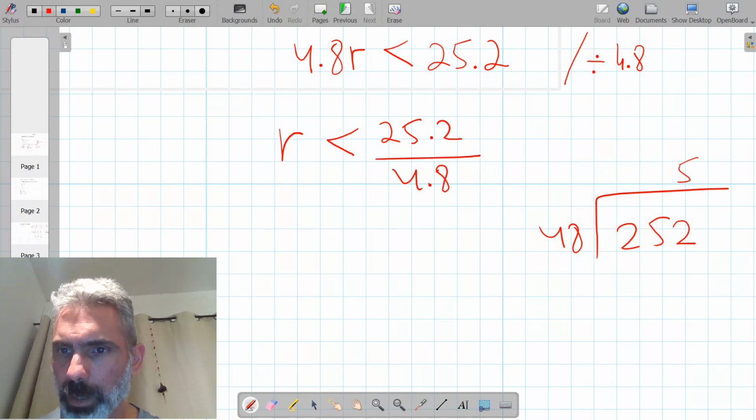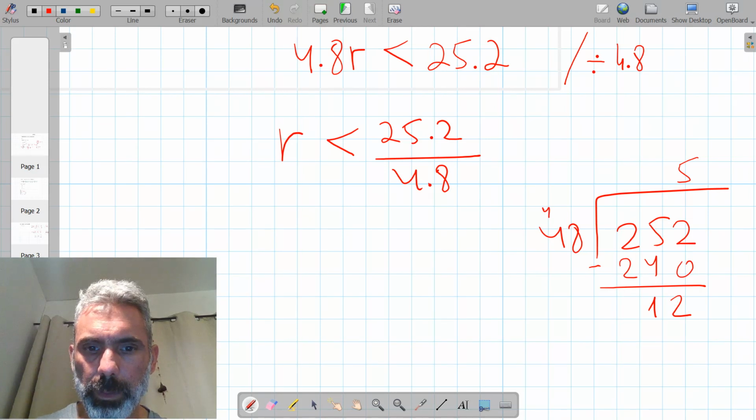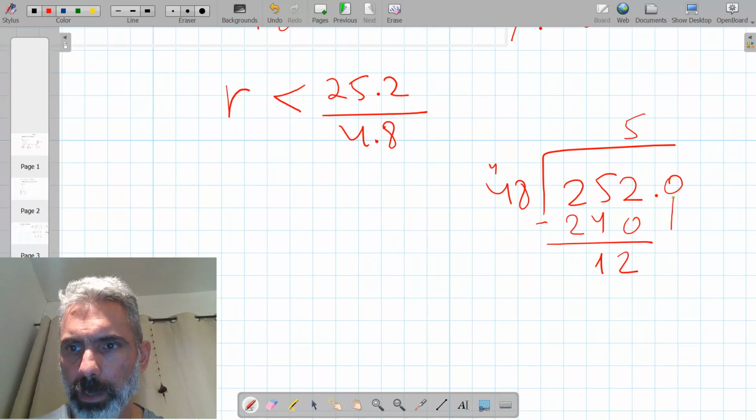So 5 times 8 is 40, 5 times 4 is 20, plus 4 is 24, so I'm left with 12. Okay, so bring down 0, and 48 goes into 120.